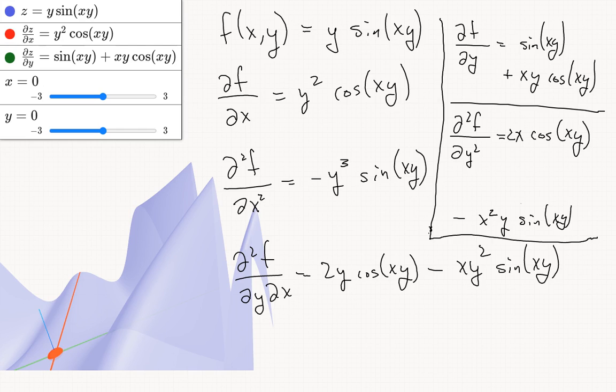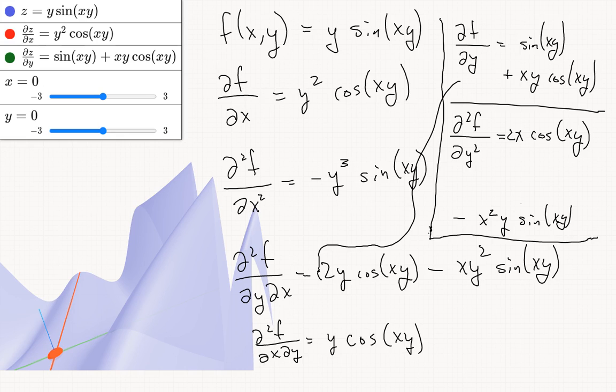Then finally, let's bring this down here. So ∂²f/∂x∂y. So now we have sine, so that'll give y cos(xy).